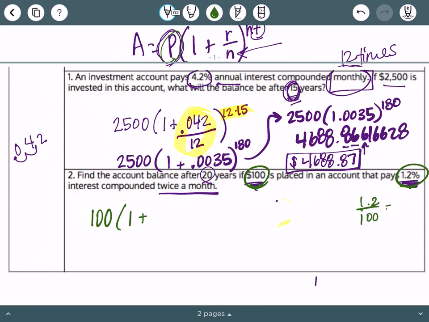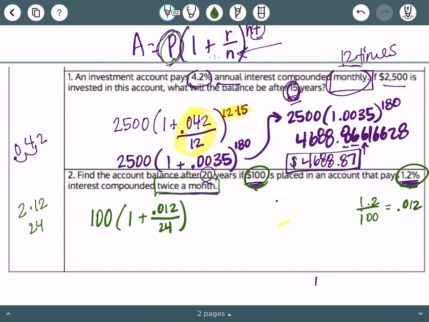Divided by 100 is 0.012. So I have 0.012. It's over how many times per year it goes off. So this is happening twice a month. So 2 times every month, and there are 12 months in the year, so that means 24. So I'm going to divide by 24, just like that.